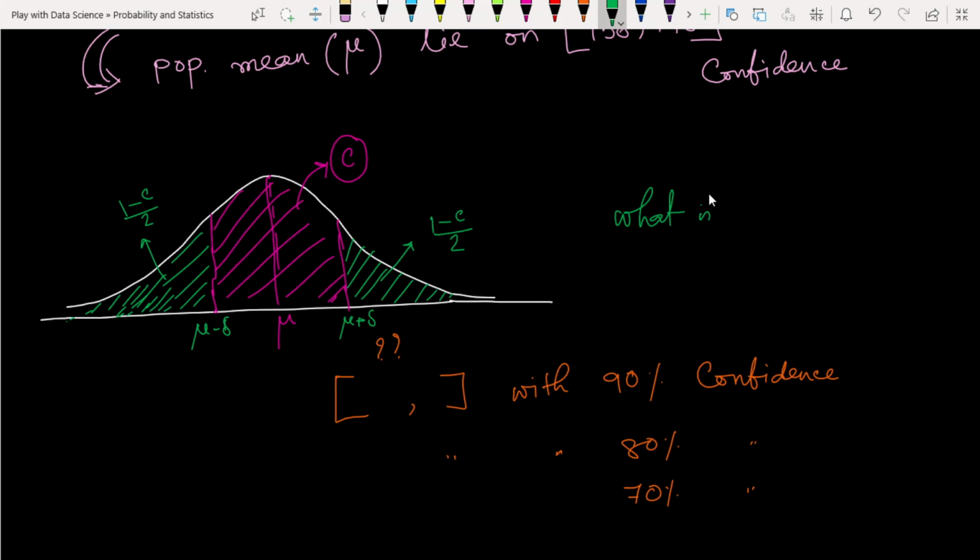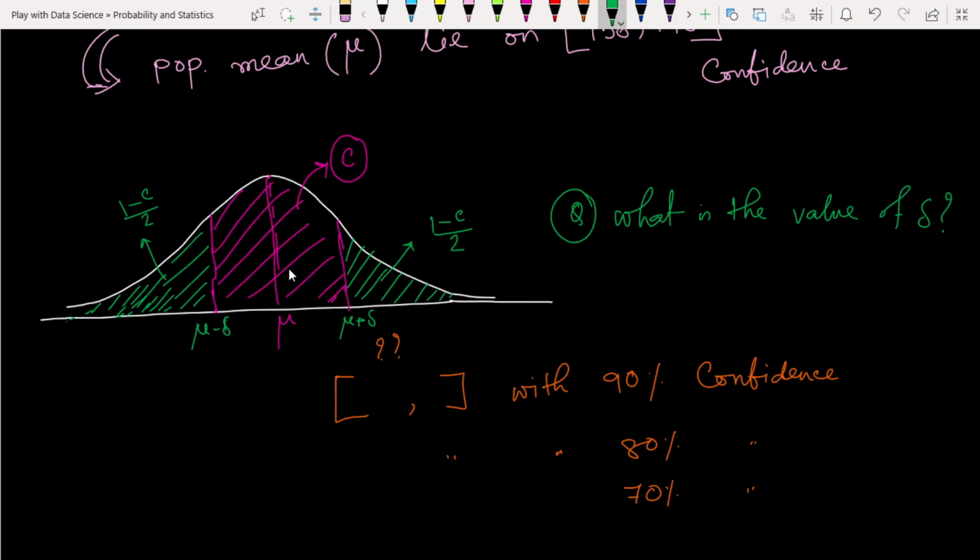What is the value of delta? This is the question. That's the answer we are interested in finding. If we get this answer, then for these normal distributions we can easily find any kind of confidence interval.